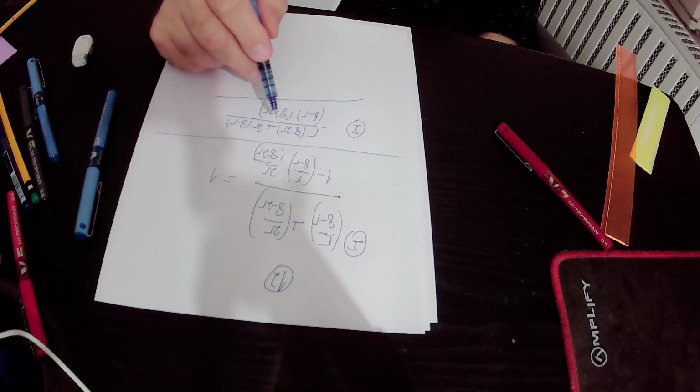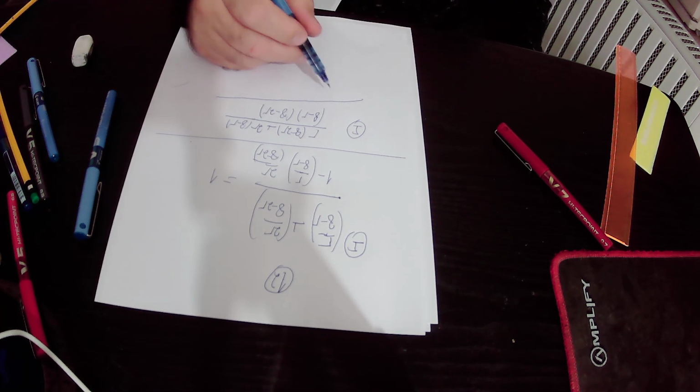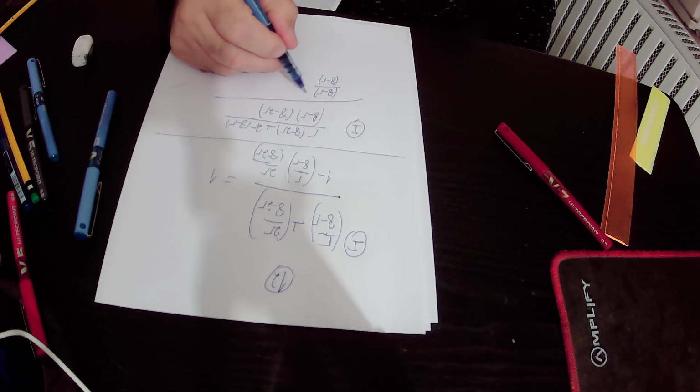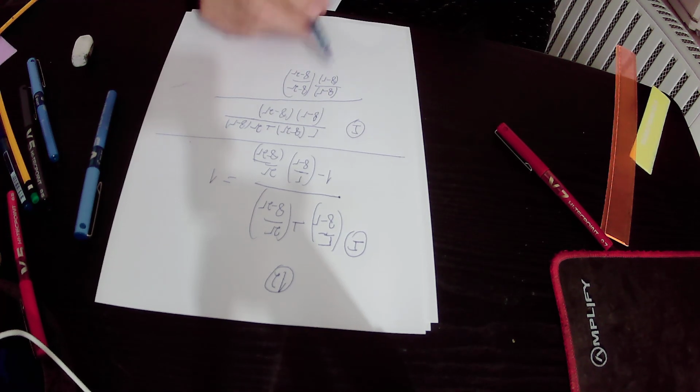We will substitute 1 by 8 minus R over 8 minus R, that actually equals 1, and then we will multiply it by 8 minus 2R over 8 minus 2R, that also equals 1. So 1 times 1 is still 1.